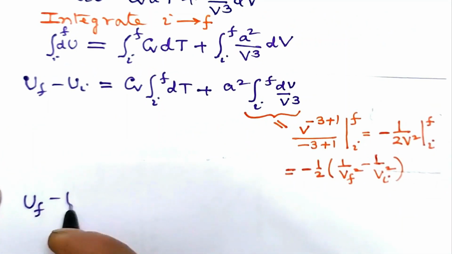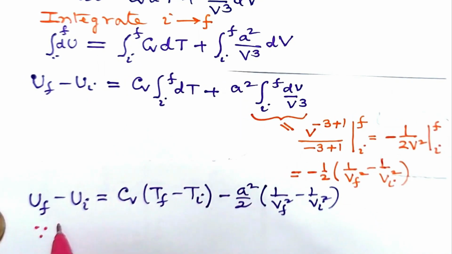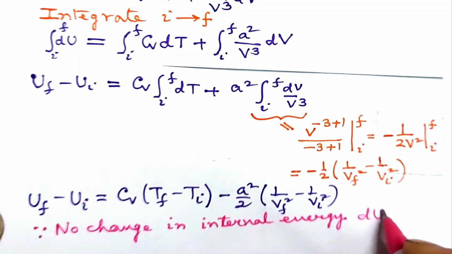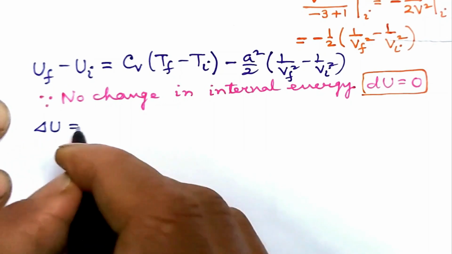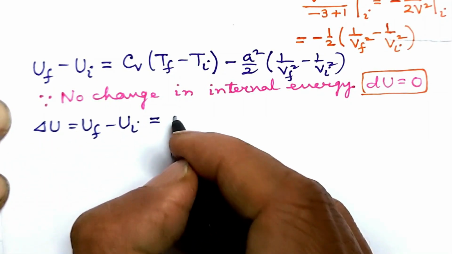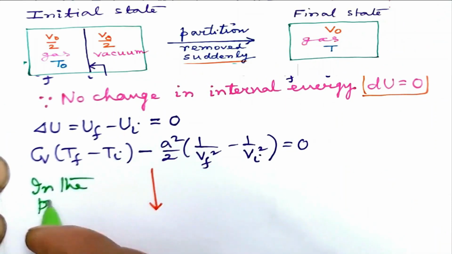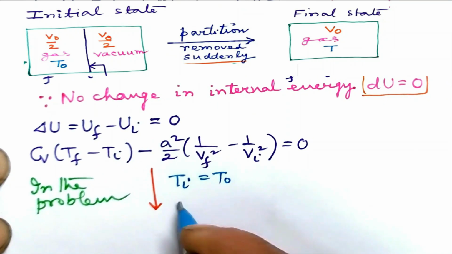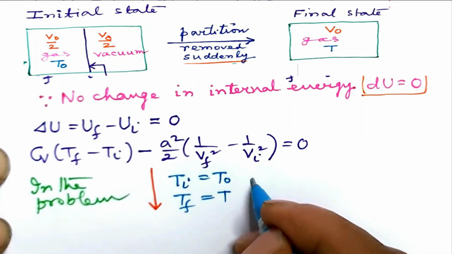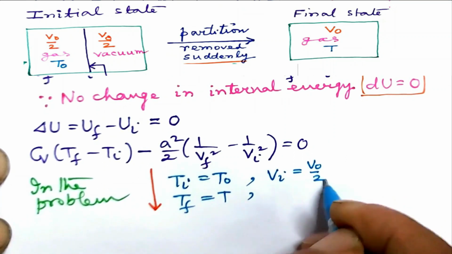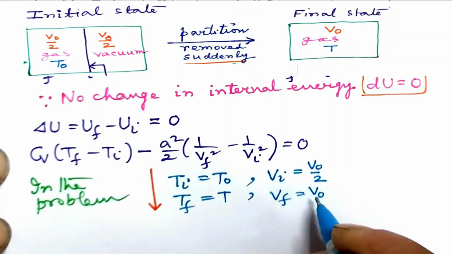so UF minus UI is, since there is no change in internal energy, du equal to 0. We have for this finite process delta U equal to UF minus UI equal to 0. So we have, in this problem, Ti equal to T0, the initial temperature, Tf equal to T, the final temperature, Vi equal to V0 by 2, the initial volume, Vf equal to V0, the final volume.